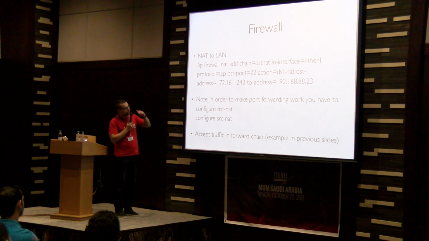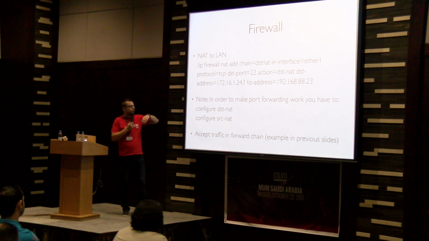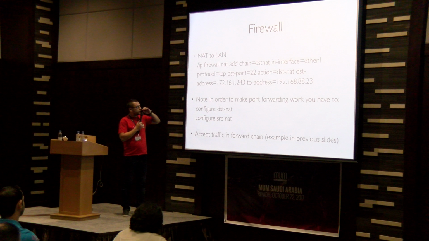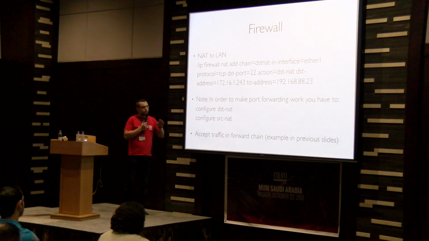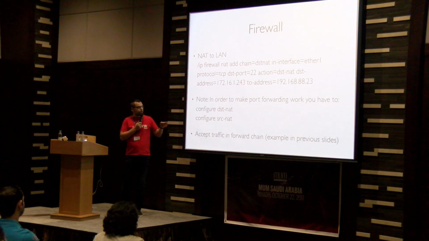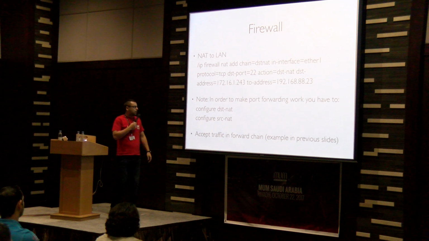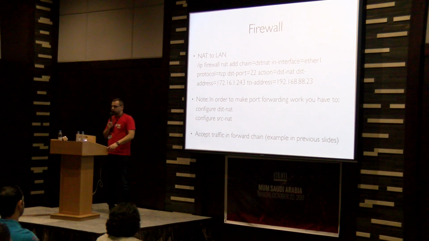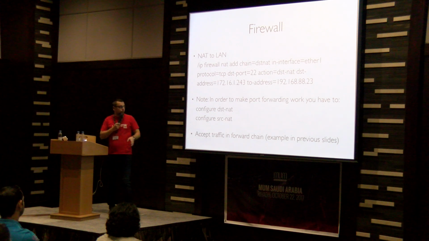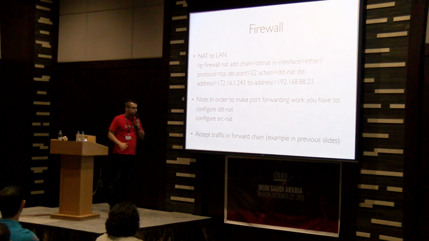I set action dst-nat, change destination address, and if a connection from internet comes to IP address 172.16.1.243, then I will redirect such a connection to address 192 and so on. That's the first thing you need to do. Now you can try to connect to the 172 IP address, and you can see the firewall rule counters rising. It should be happening.